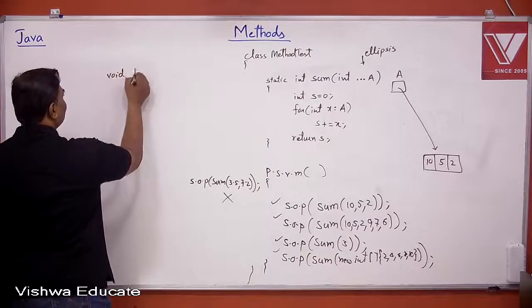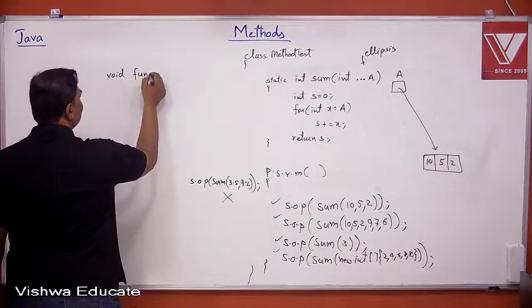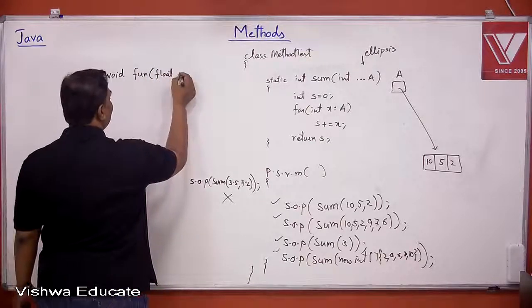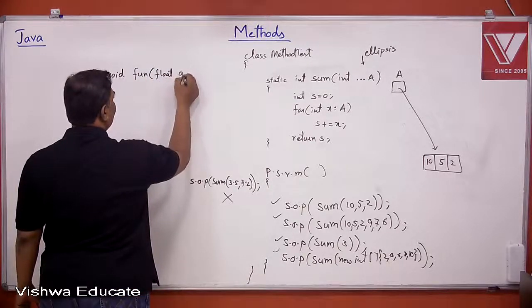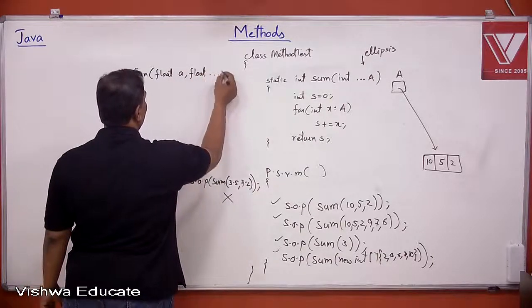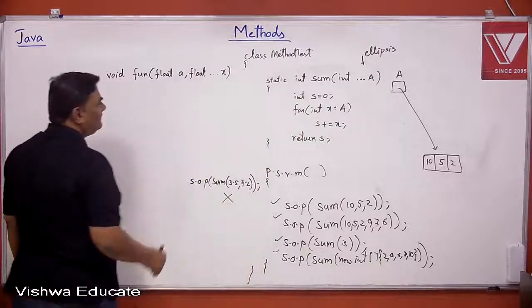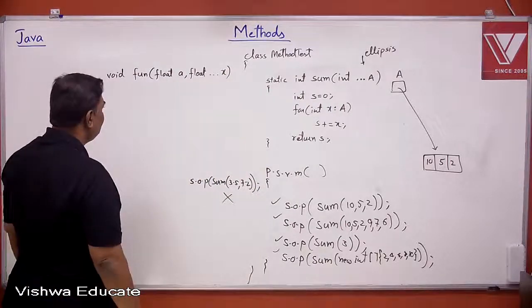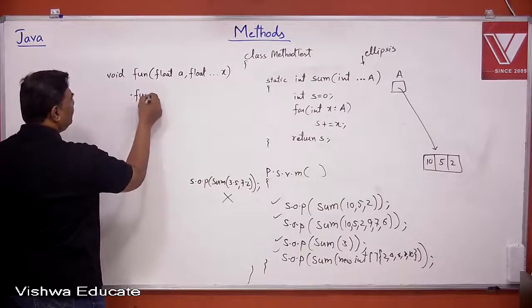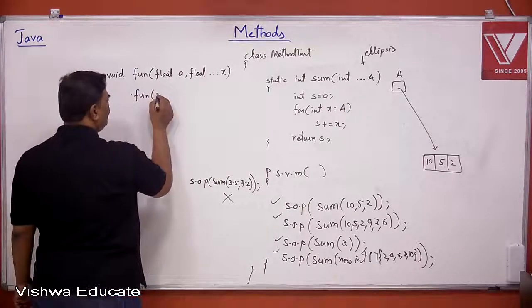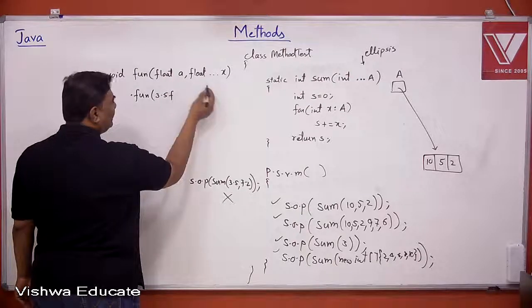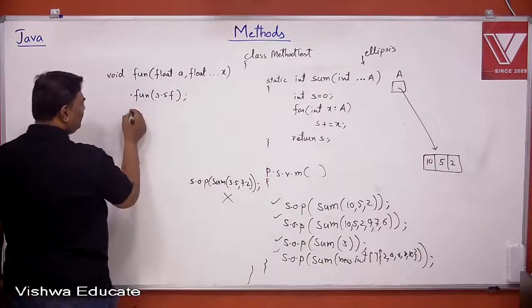void fun(float a, float... x). It means when you call this fun method, you must pass one float, 3.5f, then the rest is optional.